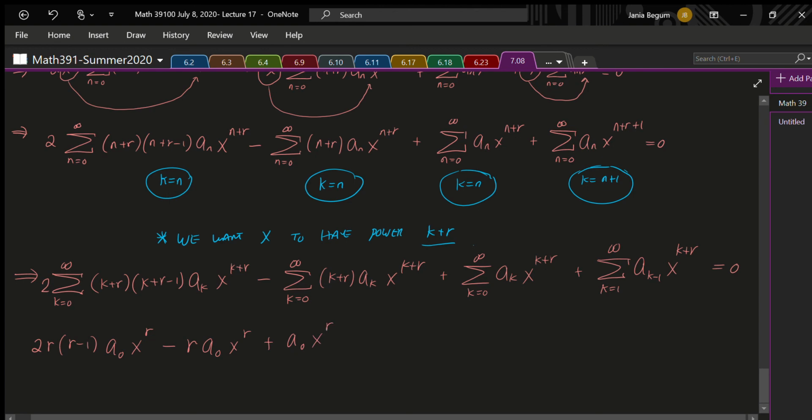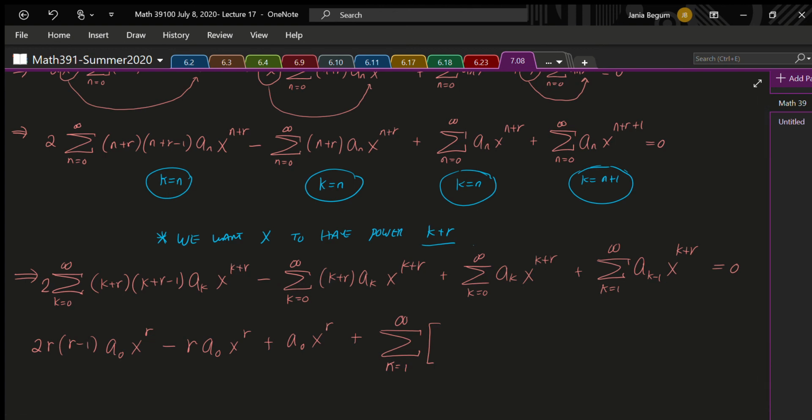plus, now they can all start at k equals 1, so I'm going to write just a single summation instead of 4, k equals 1 to infinity, and put them all together, and also factor out k plus r, x to the k plus r power, because that's the same for all of them.